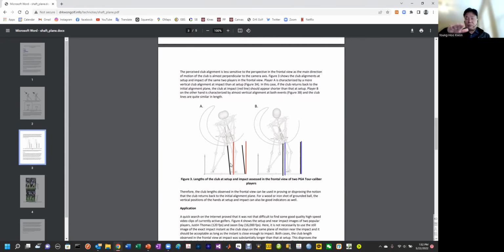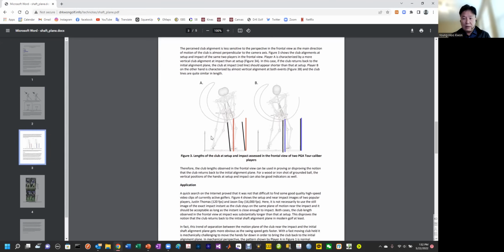Because the plane is inclined, the apparent club length depends on the slope of the plane on which the club is moving. For example, this is a leg dominant swing. This is the initial setup, here's the club, and this is at impact.